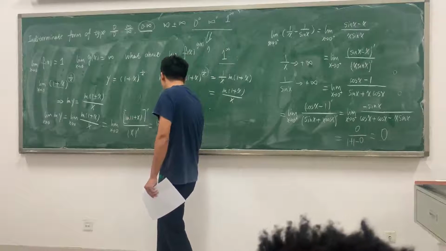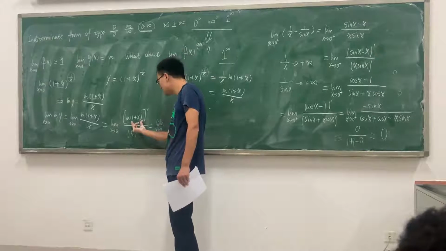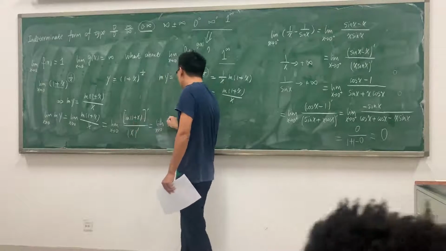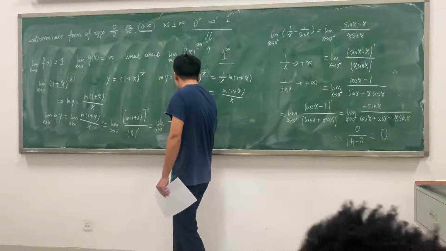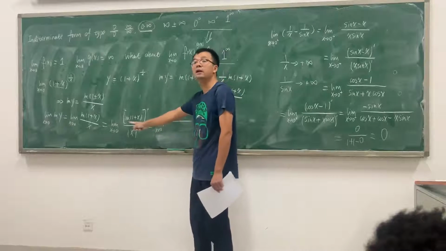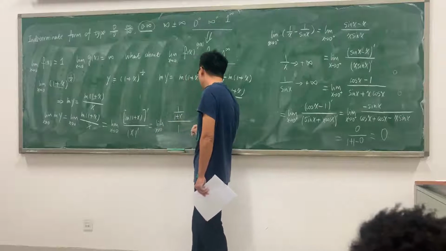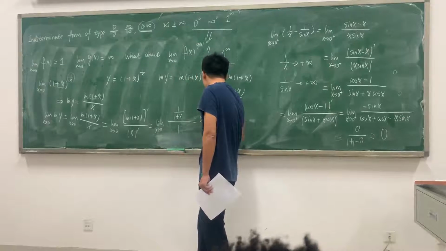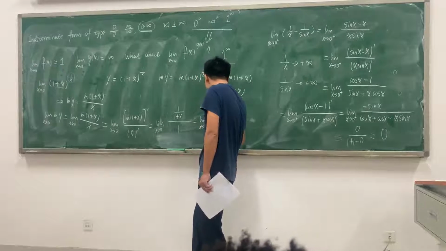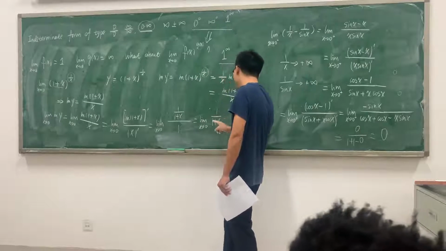So equal to the limit as x approaches 0. The derivative of ln(1 plus x) is 1 by 1 plus x, and the derivative of x is 1. So equal to the limit as x approaches 0 of 1 by 1 plus x.